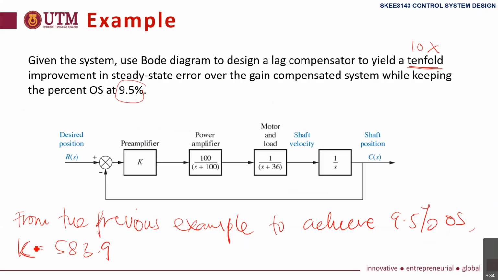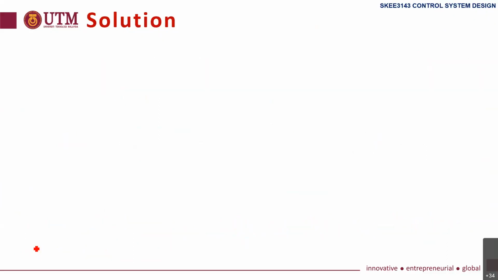This is the original system with percent overshoot 9.5%. So I can rewrite the equation: G(s) equals 100K over s(s plus 36)(s plus 100).